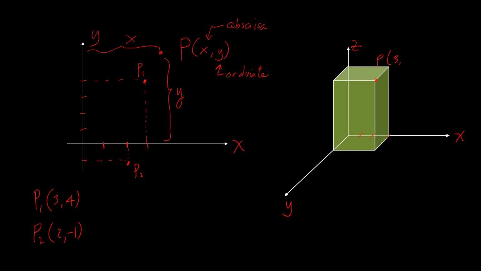The y-coordinate will be 1, 2. And as for the z-coordinate, it will be 1, 2, 3, 4, 5, and 6. So that gives us the exact location of point P in three-dimensional space.